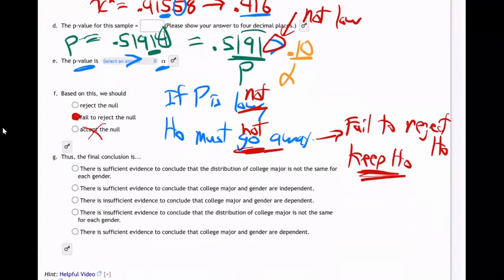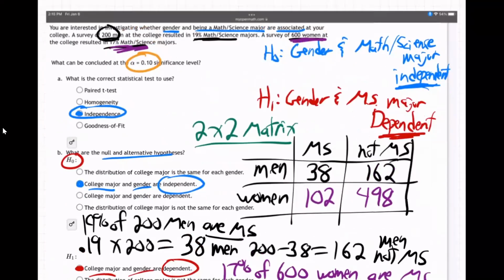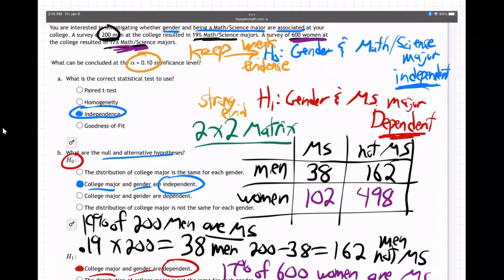So let's go back up here to the H0, H1. That means this is the one we're going to keep. And remember, evidence is always what in that case? Weak, right? Evidence is always weak evidence for H0. It's always strong evidence whenever you go with H1, but we're not going with H1 in this case.